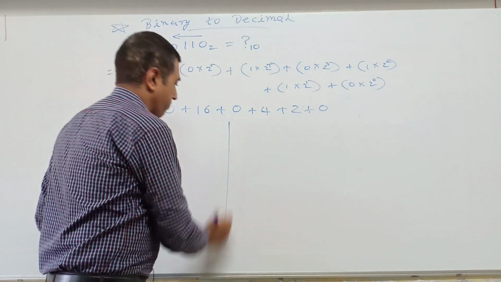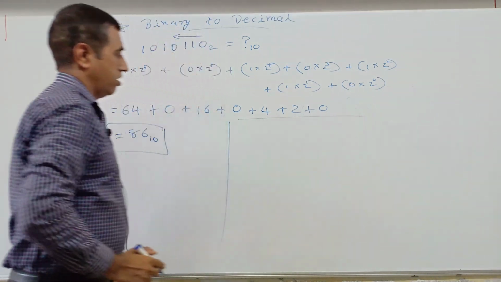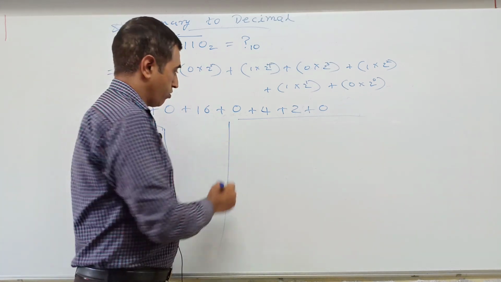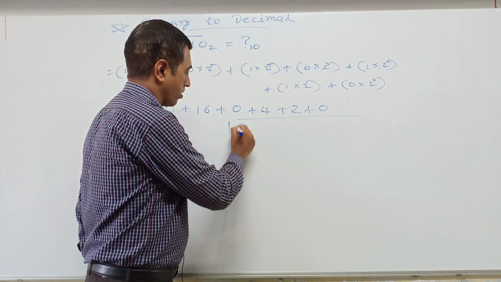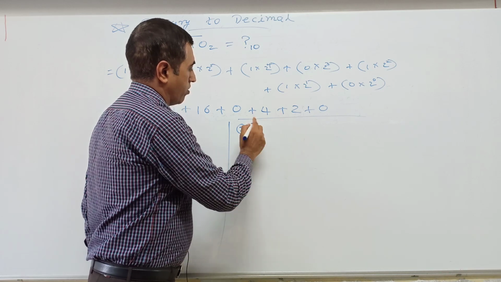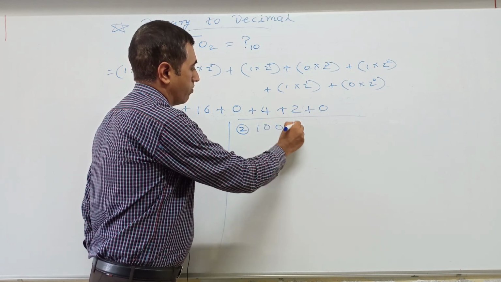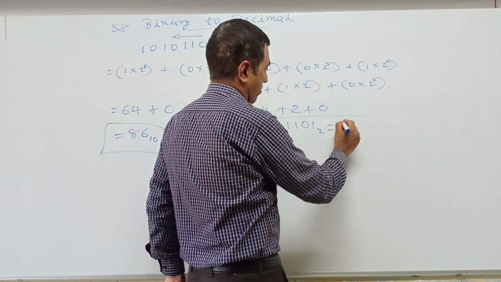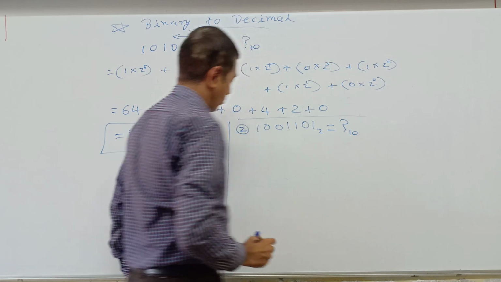Now in this way, I'll give you some homework that you have to convert on your own. 10011101, that is from binary to decimal.